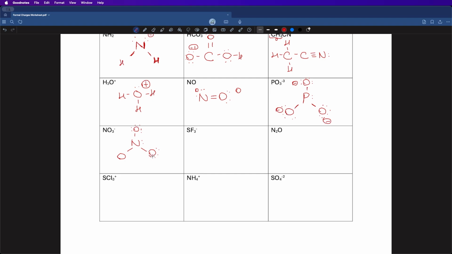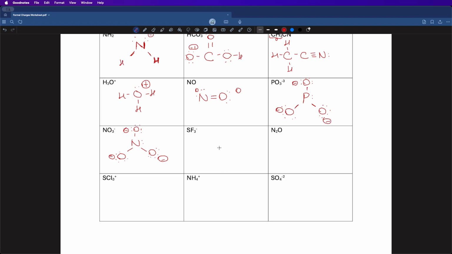One bond, I cannot draw these lone pairs. 1 bond and 3 lone pairs, giving them each a formal charge of -1. And that makes sense because, once again, the sum of all the formal charges in the molecule adds up to the net charge of the molecule.